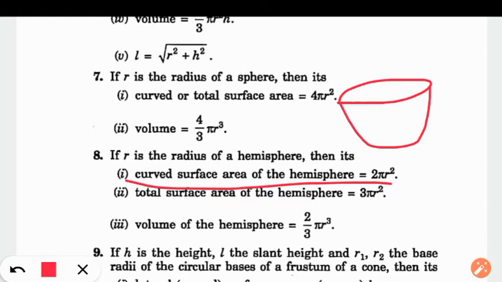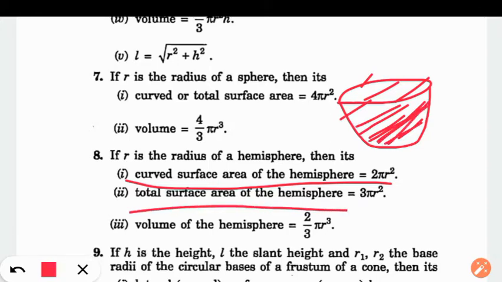So why 2 pi r square? 1 pi r square for this and 1 pi r square for this. That is why we have 2 pi r square in case of hemisphere, right? No, sorry. 2 pi r square for this one, only curved surface area.